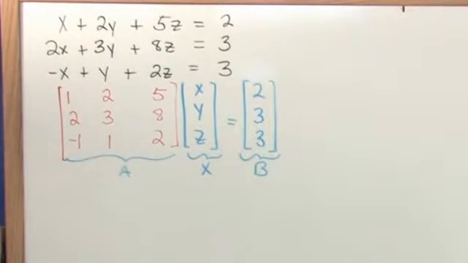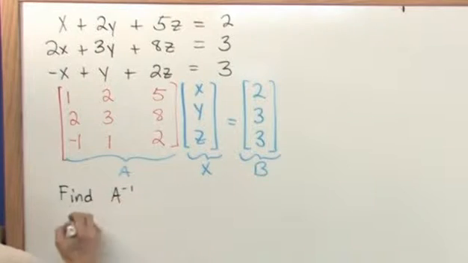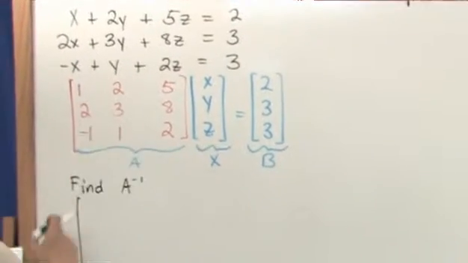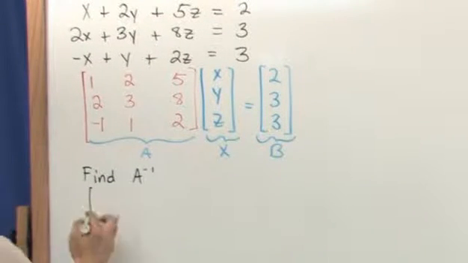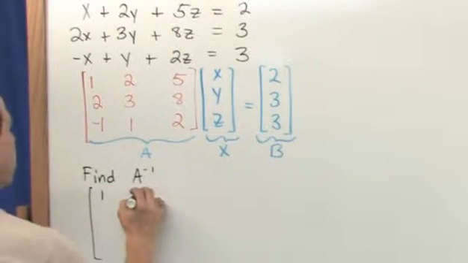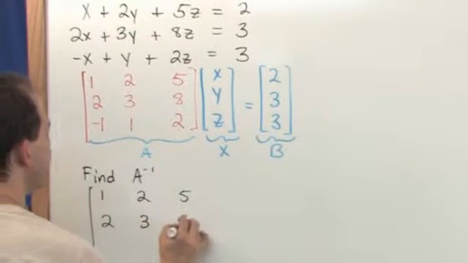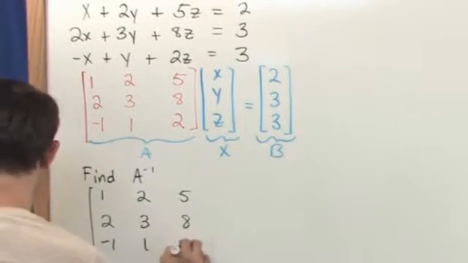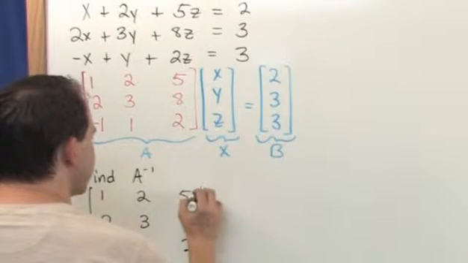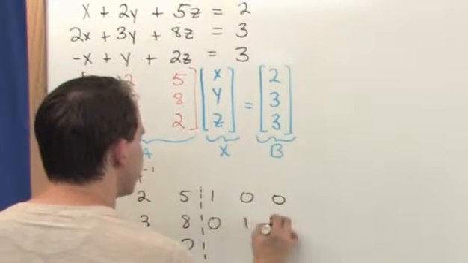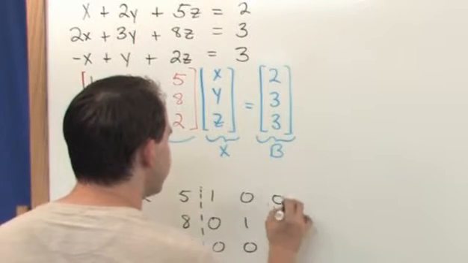So let's go ahead and find A inverse. So what we're going to do, okay, is we're going to write our matrix down, and we're going to find the inverse just like I taught you how to do in the last section. 1, 2, 5, 2, 3, 8, negative 1, 1, 2, and you need to augment that with an identity matrix. 1, 0, 0, 0, 1, 0, 0, 0, 1.